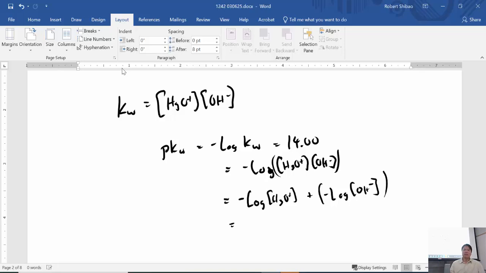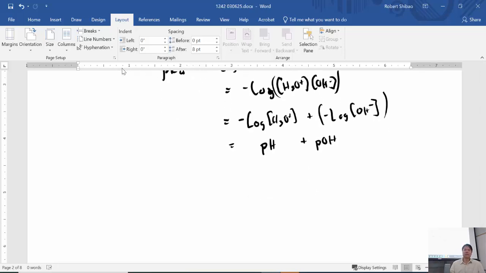So the negative log of the hydronium ion concentration is the pH, and the negative log of the hydroxide ion concentration is the pOH. And so this is a derivation for this, but most people just remember this formula and not derive it. If you forget it, it's easy to derive, or you can see the relationship. But the pOH plus the pH is equal to 14.00.